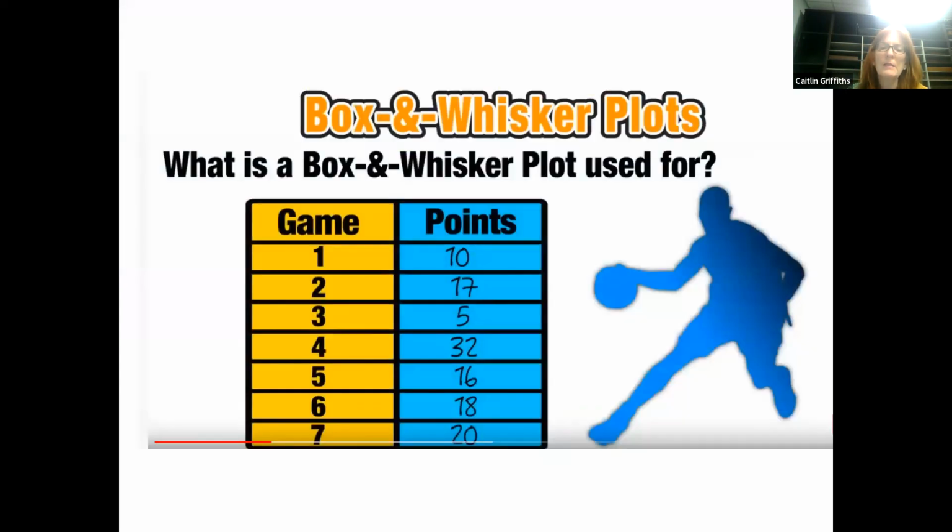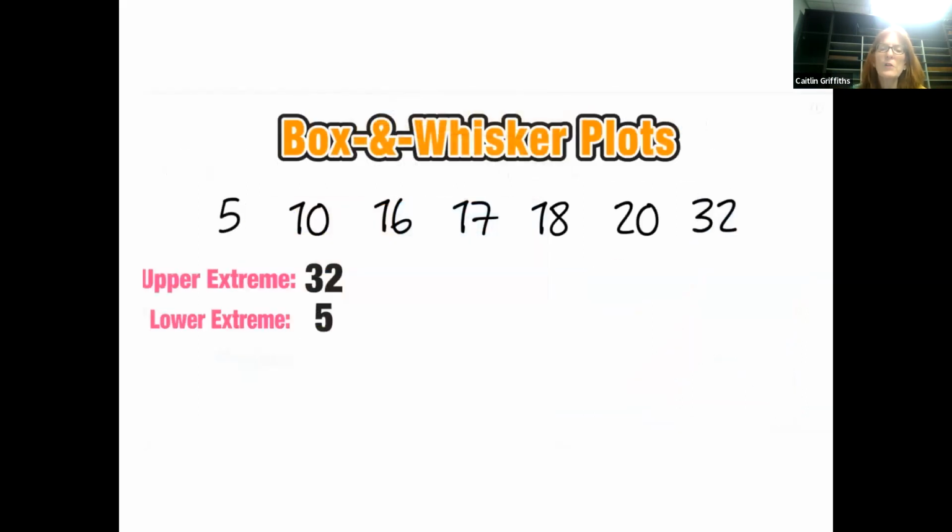So for instance, to create a box and whisker plot of this player's points that he has earned in 7 games, what you would do is, first of all, you would order the data. So that's always the very first step when you're creating a box and whisker plot. You order the data, of course, smallest to largest, and then you find the upper extreme, which is the high number, and the lower extreme.